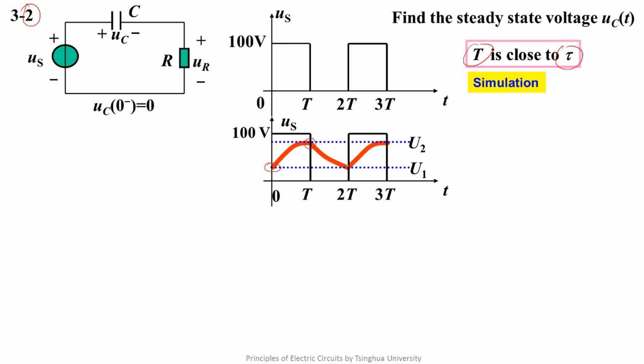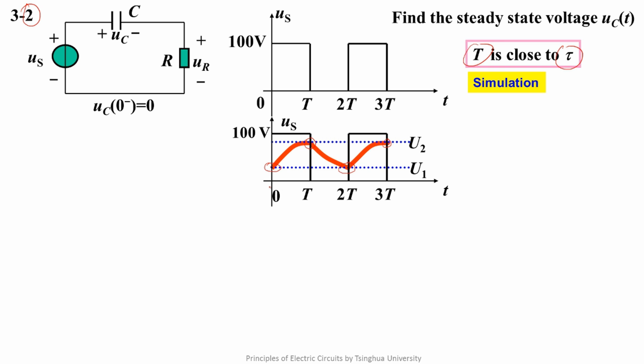Once the circuit is in steady state, it increases from U1 to U2 during 0 to capital T, and it must decrease from U2 to U1 during capital T to 2 capital T. If the condition is like this, we say the circuit is in a steady state. You should notice that this steady state is a steady state in a dynamic process. In other words, after every cycle, the start point and the end point are the same.